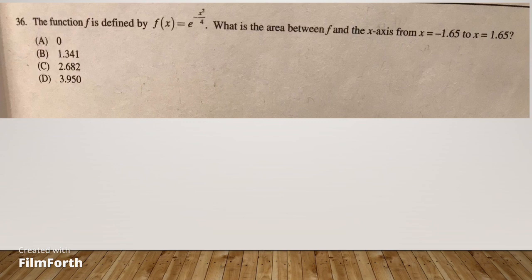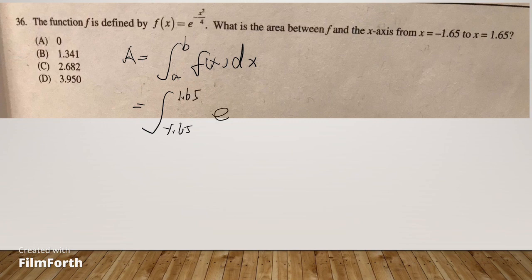And we know the area of a function. The formula is integral from a to b of f of x dx. So in our case, a equals negative 1.65 and b equals 1.65. f of x equals e to the negative x squared over 4 dx.